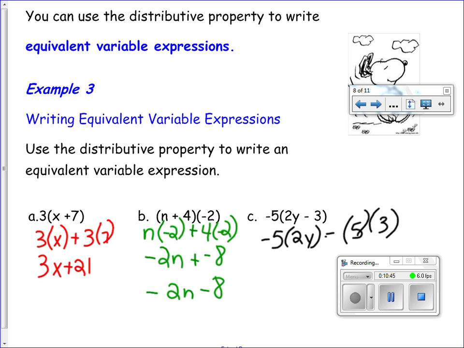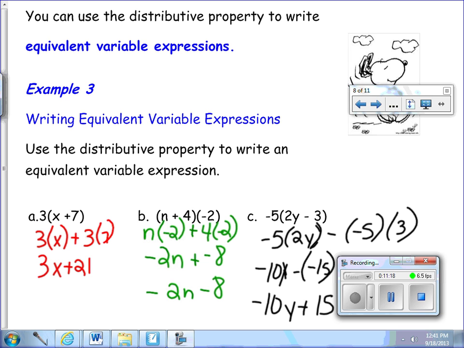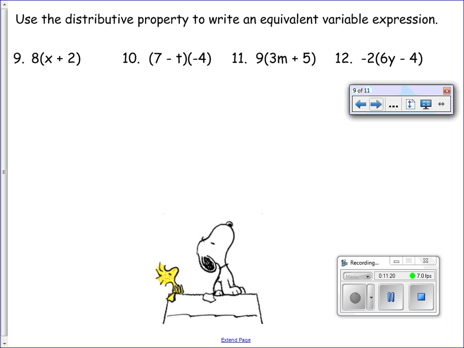I am just not doing that very neatly. All right, now we're going to use the distributive property to write an equivalent variable expression.